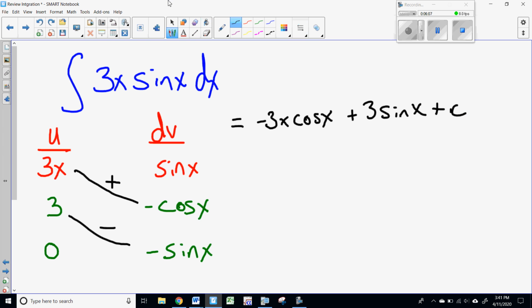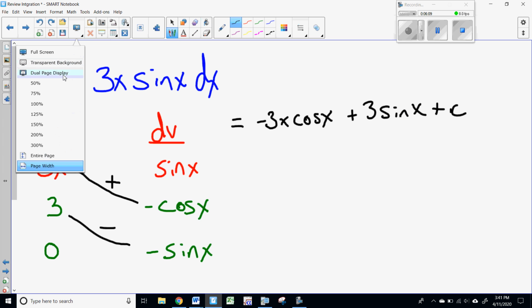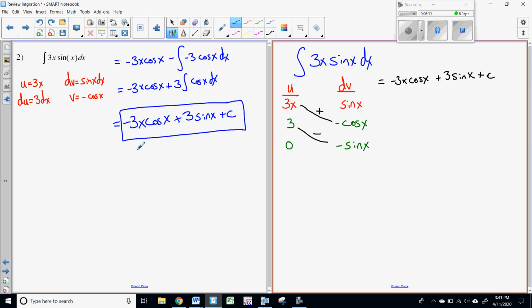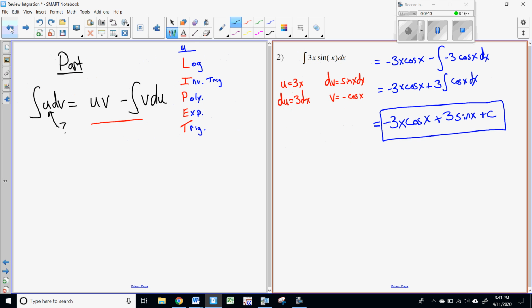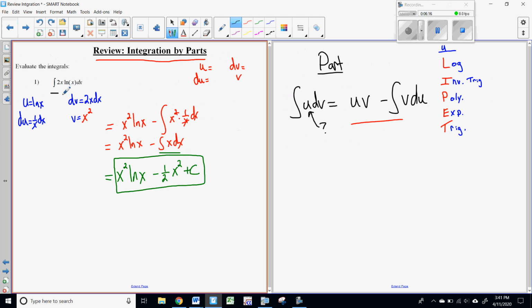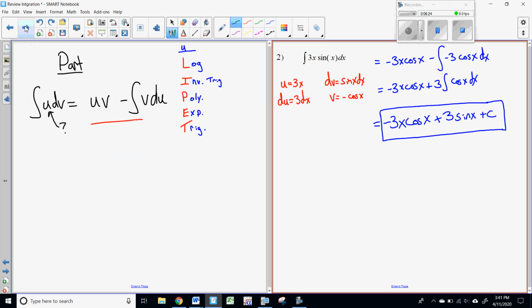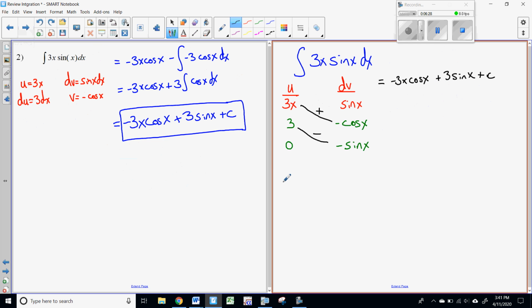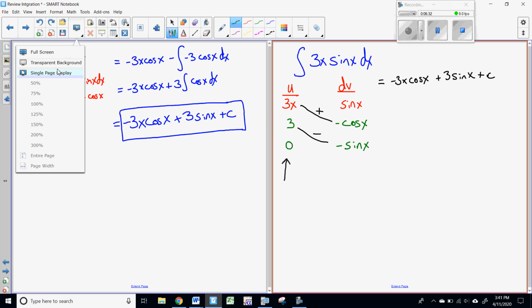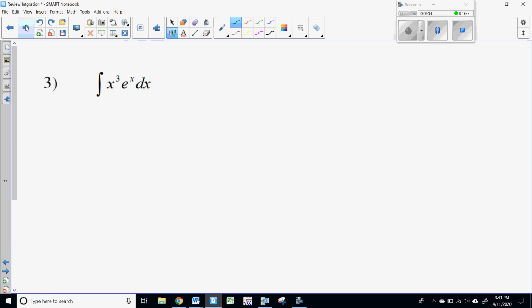And you can see we got the exact same answer as we did the first time. Now remember, you could not do this with natural log because your natural log is your u, and you can't take the derivative repeatedly to 0. So this really only works when you have a u that is a polynomial that you can take the derivative of continually to 0.